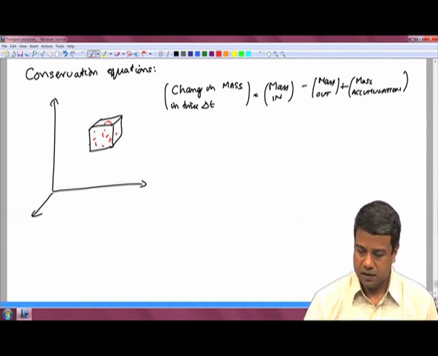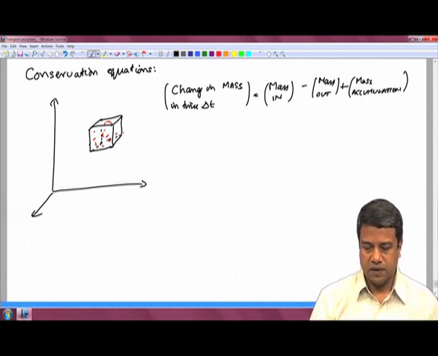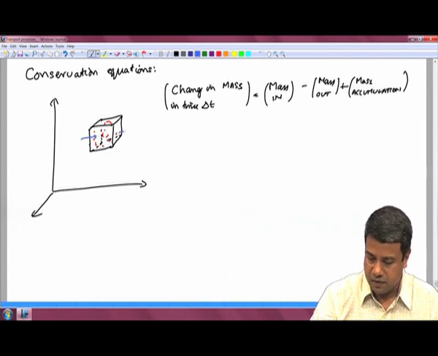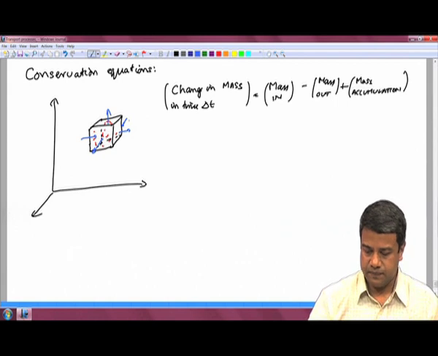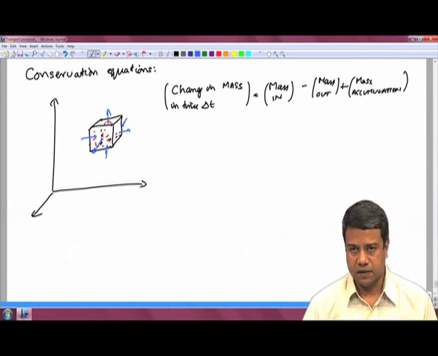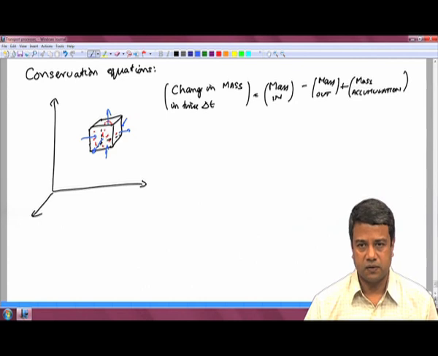Now, the mass coming in and the mass going out to this differential volume goes through the surfaces. Coming in and going out is through the surfaces of this differential volume. So, therefore, you are writing a balance between the rate of change of mass within this volume to what is coming in and going out.